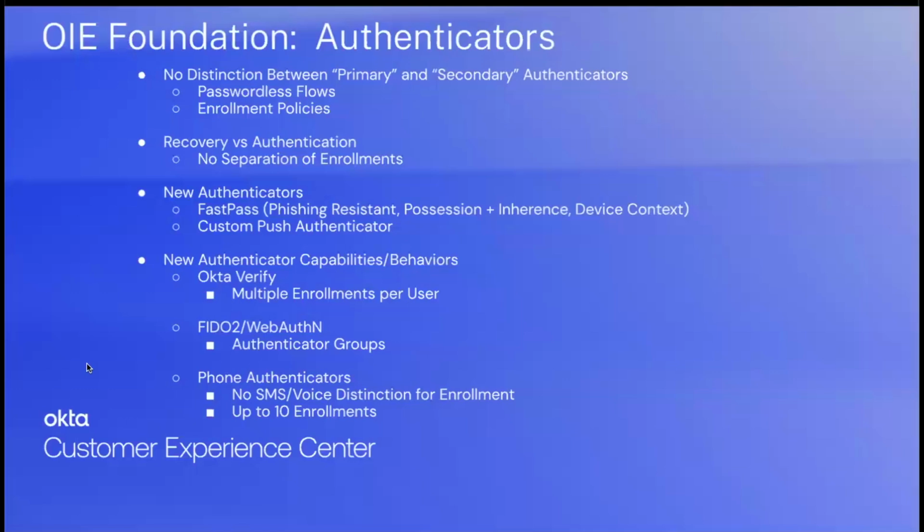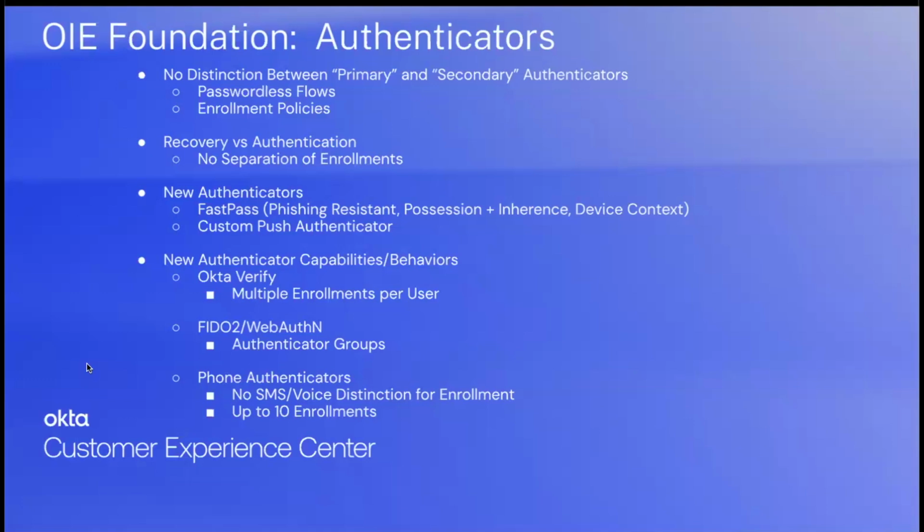In OIE, that changes, which is why one of the user experience changes you may see is that users who don't have anything registered for recovery flows, but who are allowed to do self-service recovery, could get prompted to enroll in a factor, even if they have other factors already enrolled from an MFA standpoint. If they don't have a factor that specifically will satisfy your recovery policy requirements, then they could get prompted to enroll in another factor because everything now is just an authenticator and everything is subject to the same enrollment policies.